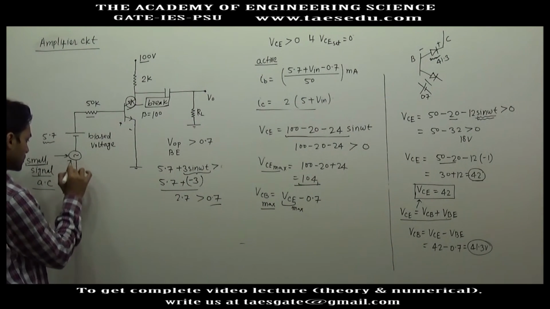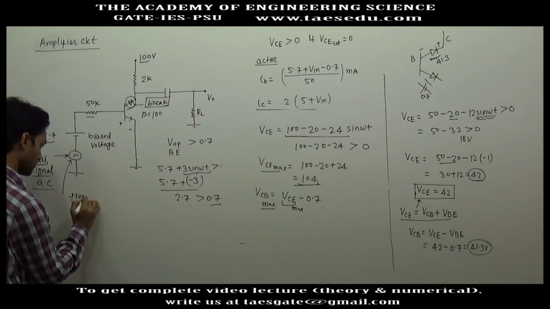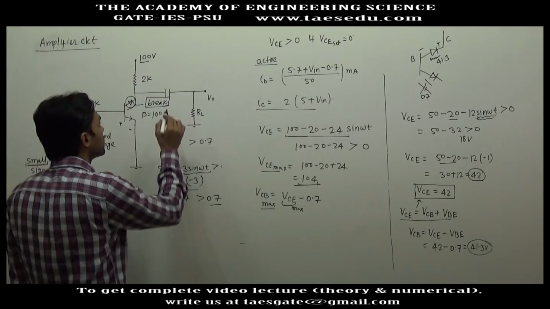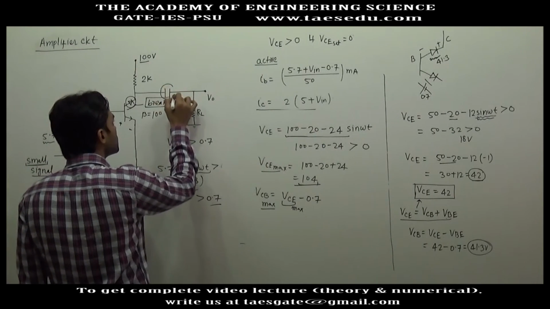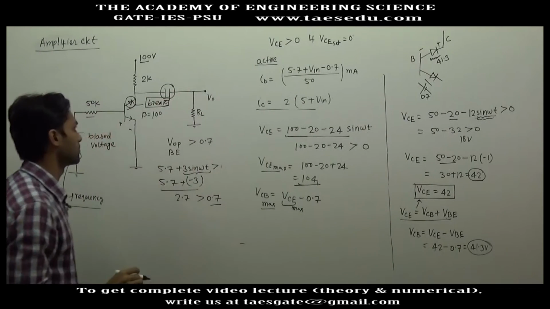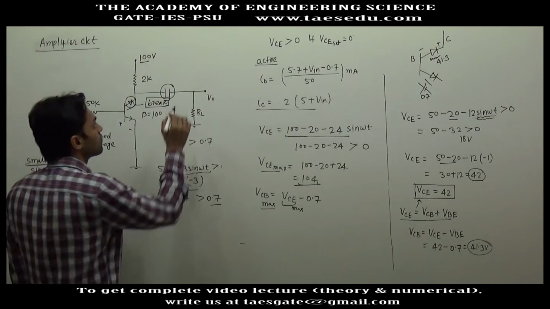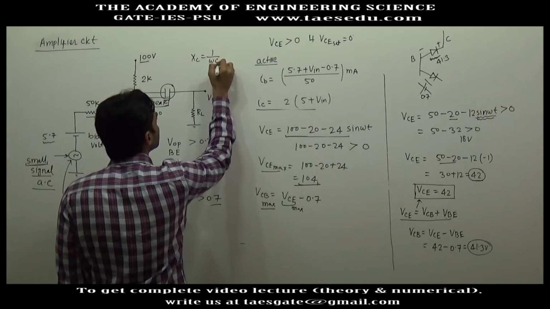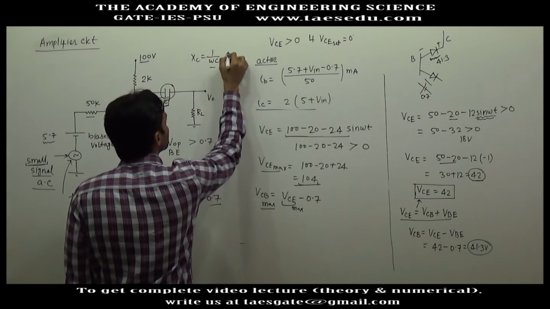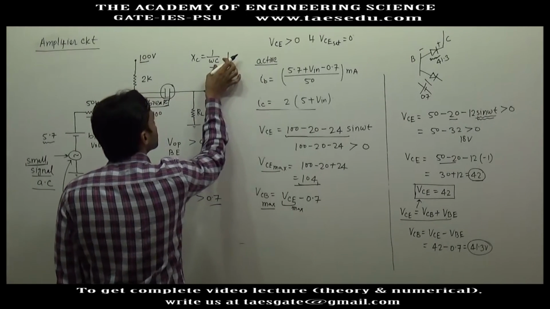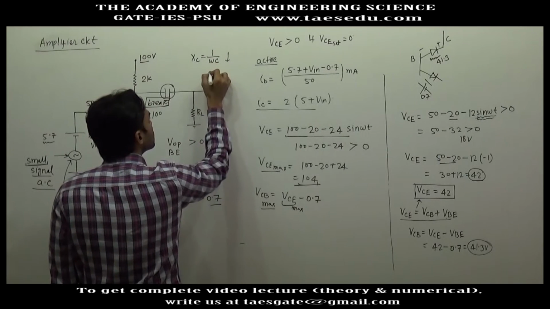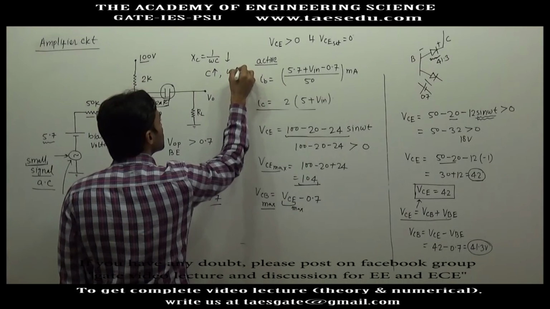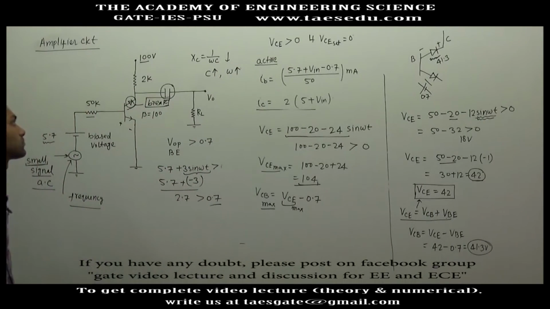Talking about the frequency of this signal, what should the frequency be? I have already shown you that we want a very small AC voltage to drop across this capacitor. For that, the impedance of the capacitor, 1 upon omega C, should be low. To keep it low, you will have to either increase the capacitance or increase omega.